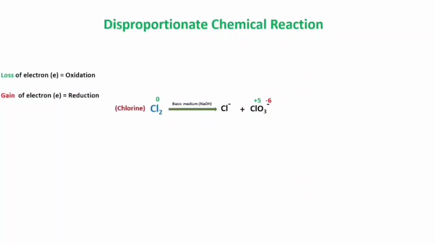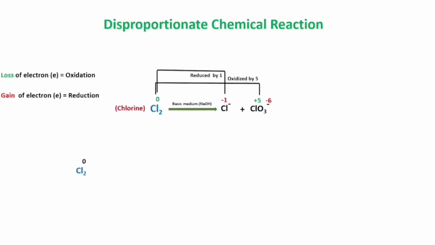So the oxidation state increases from 0 to +5, means it is oxidized by 5. But in the other half reaction, the oxidation state of chlorine is decreased from 0 to -1. It means it is reduced by 1.